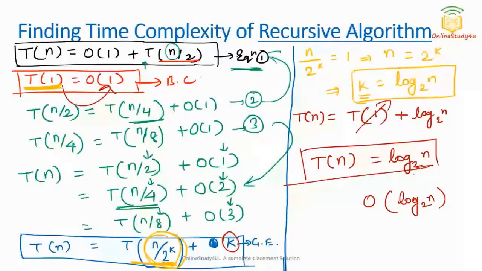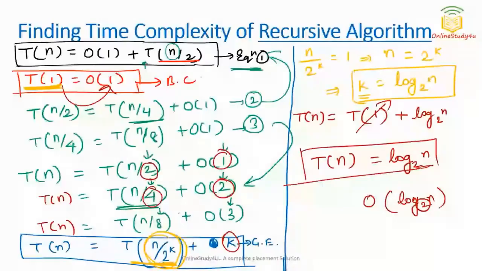Okay. Now, can you tell me what is this 2? Why n by 2 power k? Okay, you can see T of n can be expressed as this part. It can be also expressed as this. Now, if we generalize this, you can see when we have a constant as 1, the denominator is 2. When we have constant as 2, the denominator is 4.